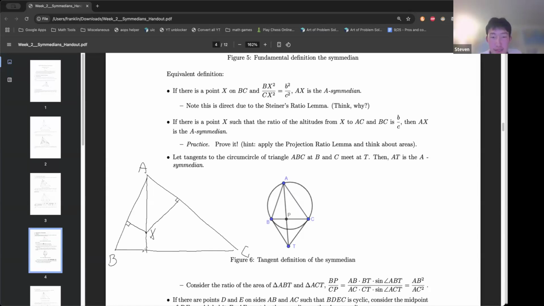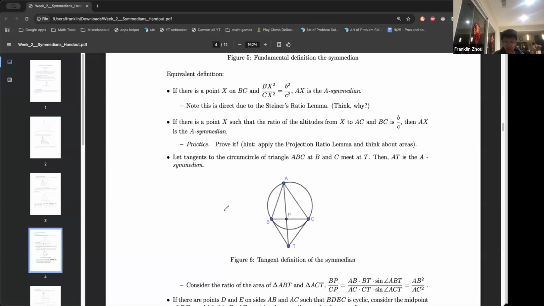I'm trying to explain it backward to make sense of it by the projection ratio lemma that we had proved before. Does that make sense? Good? Okay, great.